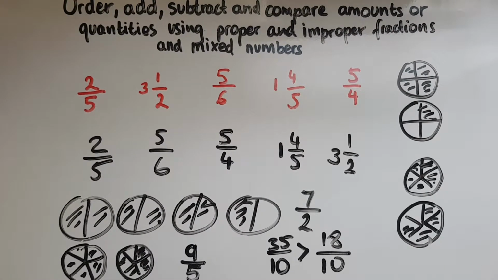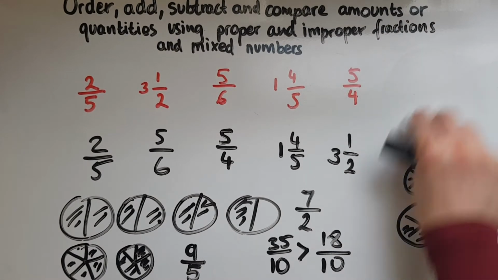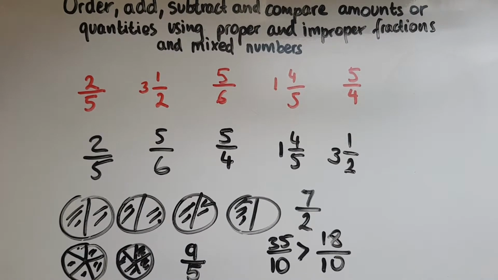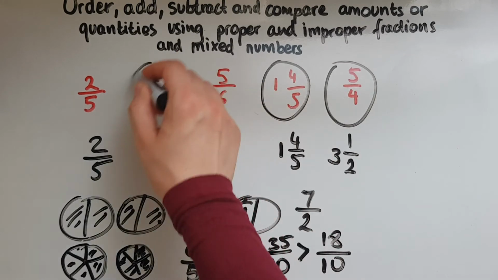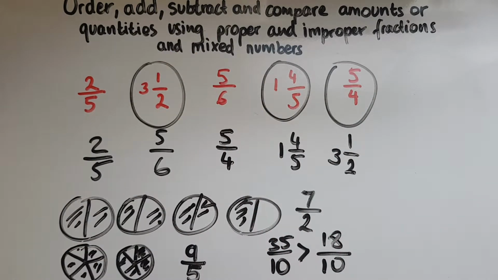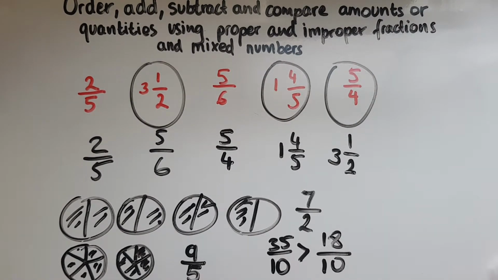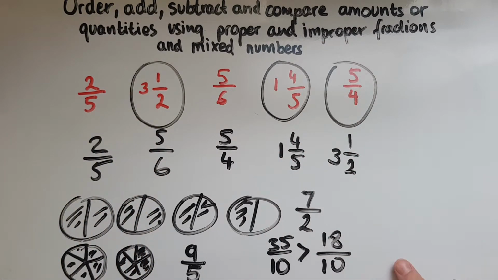So now let's have a look at what we would do if we had three fractions to compare with each other. So we compared those two, but what if we had these three to compare using calculations, because we did a comparison before using common sense. So again, the first thing to do is to convert all of them into improper fractions.